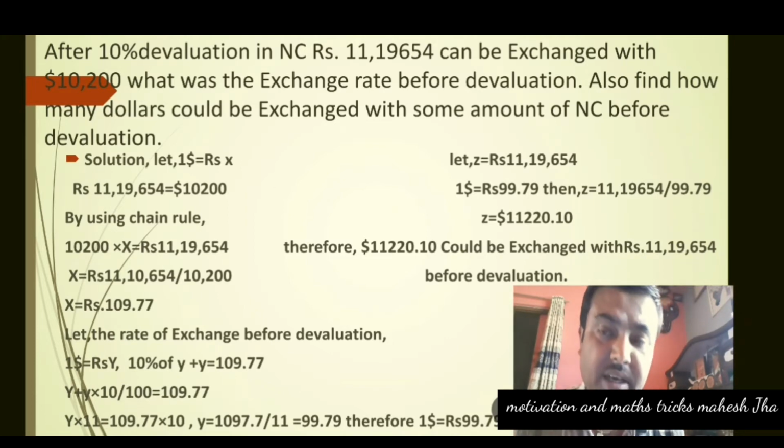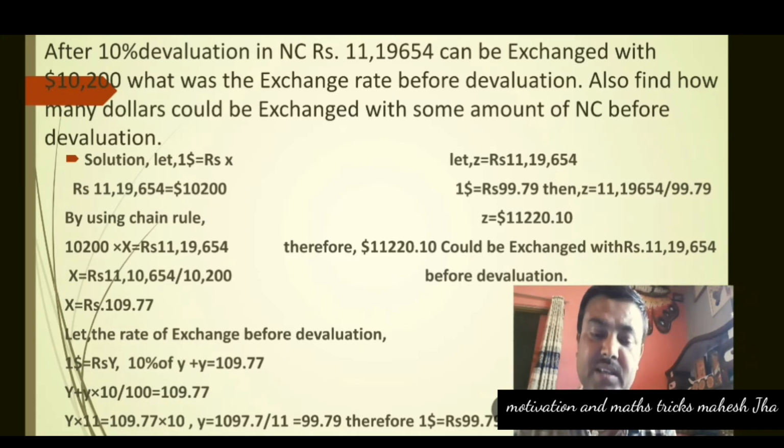Now again let z dollar equal 11,19,654 rupees, and we have $1 equals 99 rupees 79 paisa. By using chain rule or directly you can convert: z equals 11,19,654 divided by 99 rupees 79 paisa.